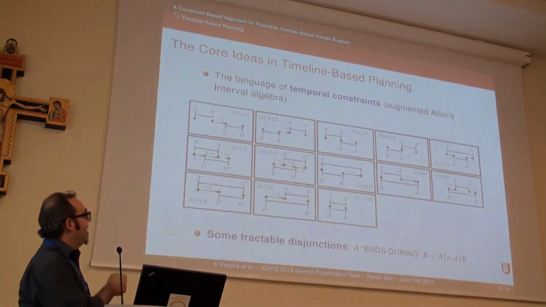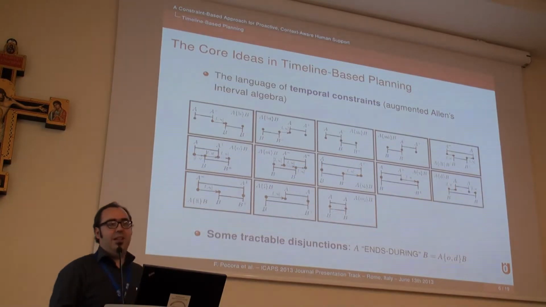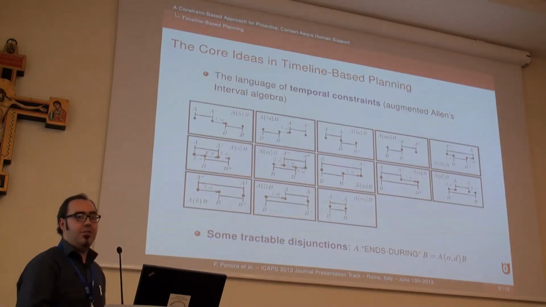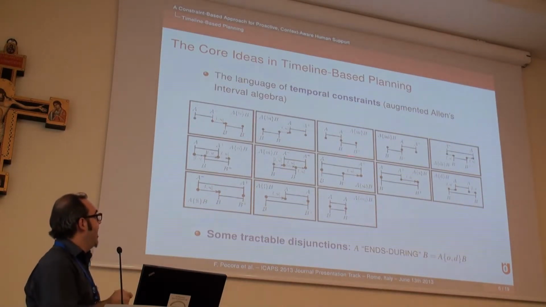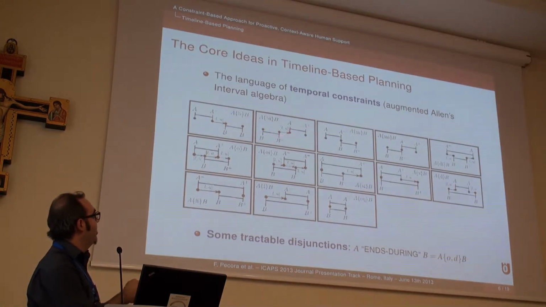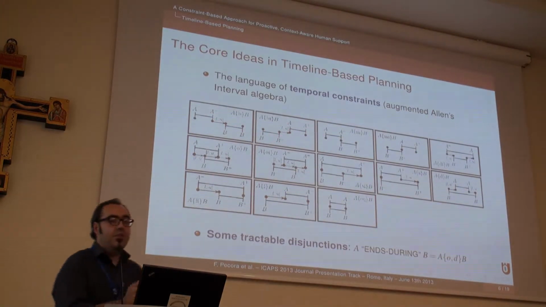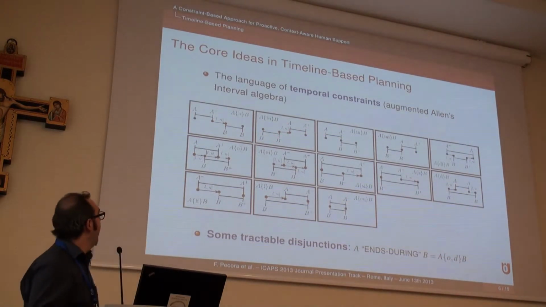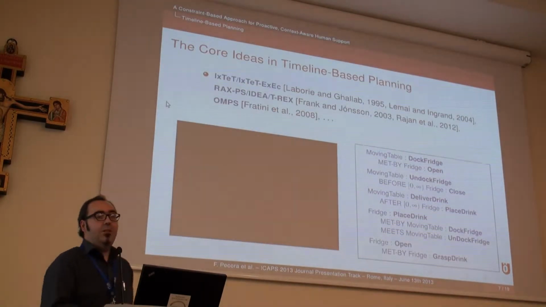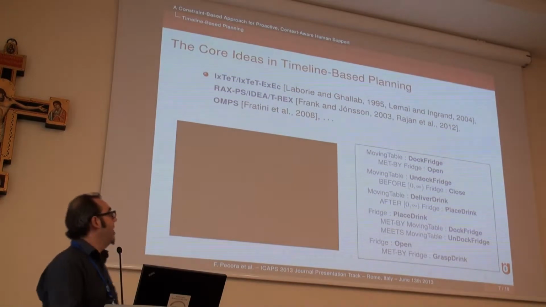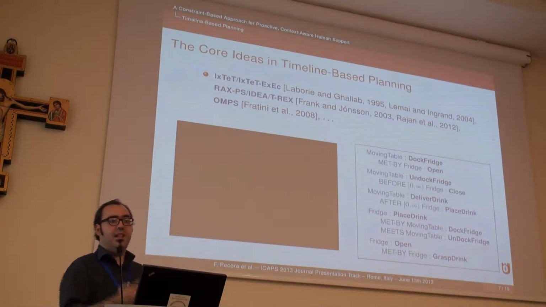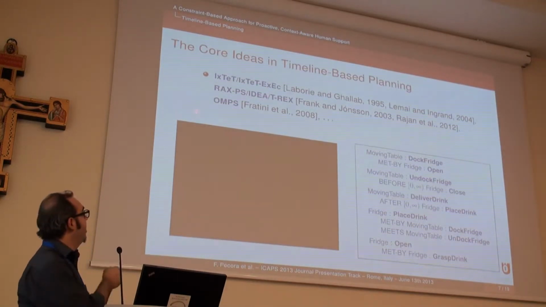The language that's typically used is the language of temporal constraints. These are qualitative relations among intervals, typically, which are augmented with bounds. So you could say, for example, something is before something else with certain bounds. Things like this. Now, a lot of systems have been developed for timeline-based planning, starting back from ICAPS, going through the great work that's been done at NASA, and some work that's been done here in Europe.